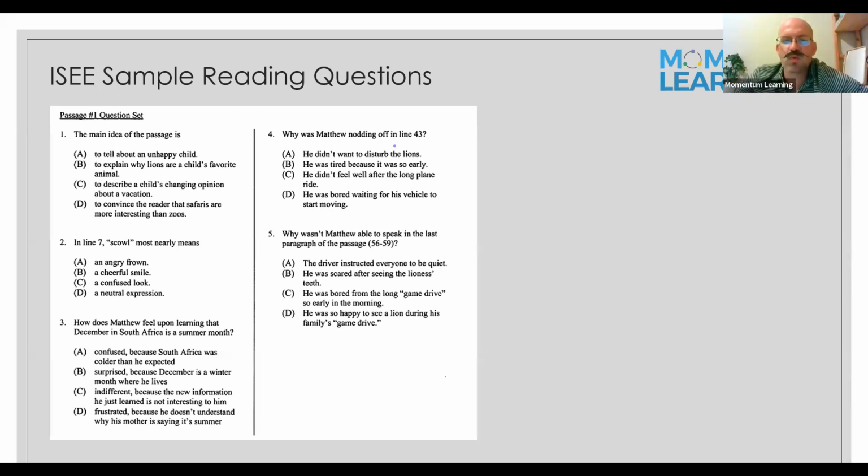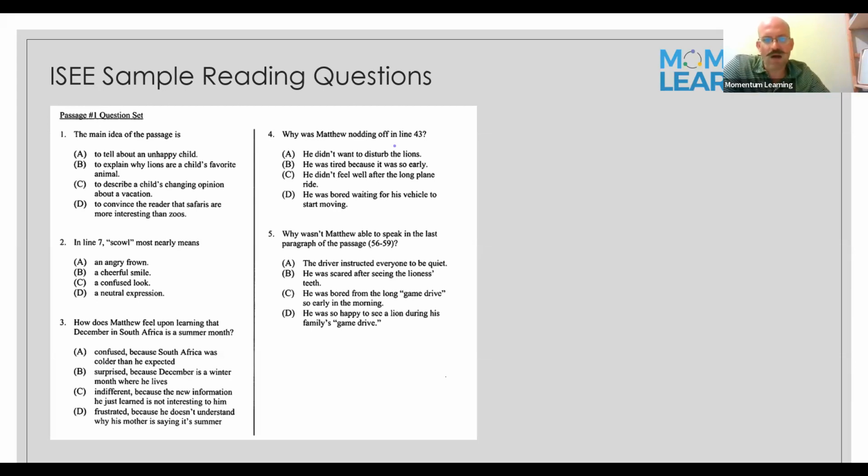So that leaves us with he didn't want to disturb the lions, or he was tired because it was so early. And as Olivia just described in emoji form, nodding off is something people do when they are tired. So tired would be a reason that he was nodding off. And it does tell us it was early in the morning.